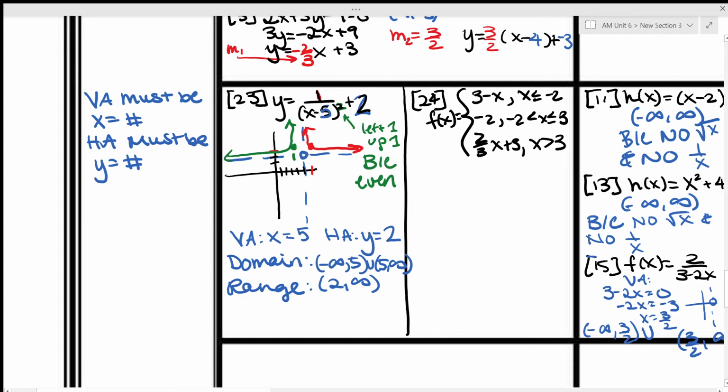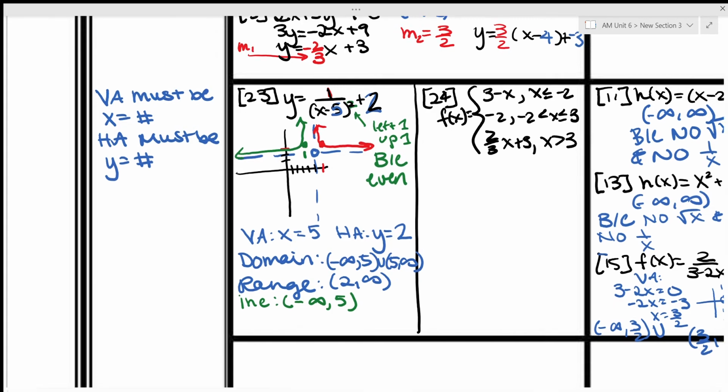Okay. Increasing and decreasing interval. You are increasing on the left-hand side because you're tracing it from left to right. So for my increasing interval, it would be from negative infinity all the way up to that 5, but not touching the 5. Is that okay?